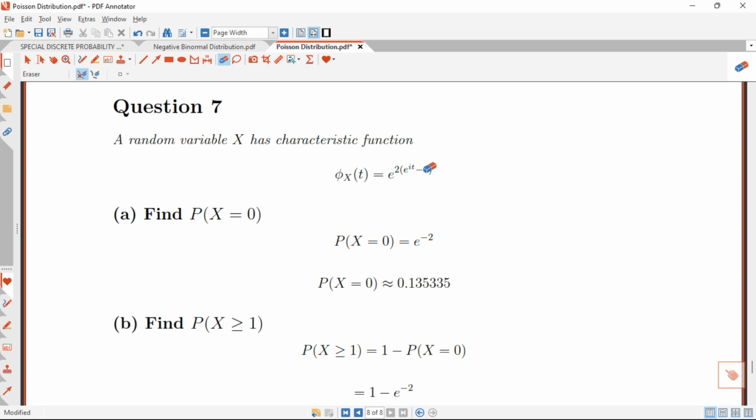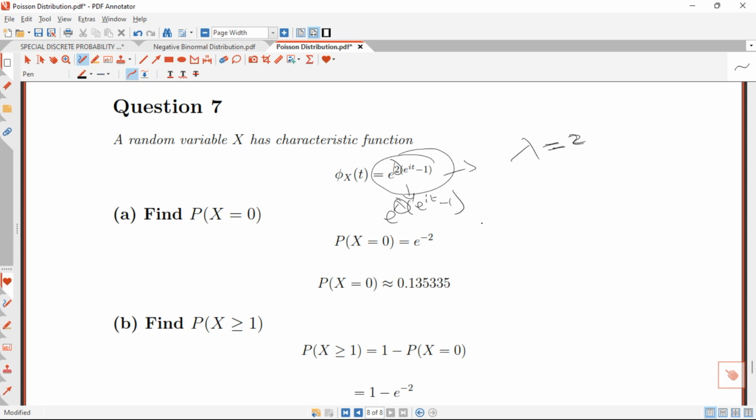So here we have to first identify which distribution it follows, and we can determine that for this characteristic function it follows the Poisson distribution, where our lambda is equal to 2. Our lambda here is equal to 2 because we are comparing to e raised to the power lambda bracket open e raised to the power i t minus 1.